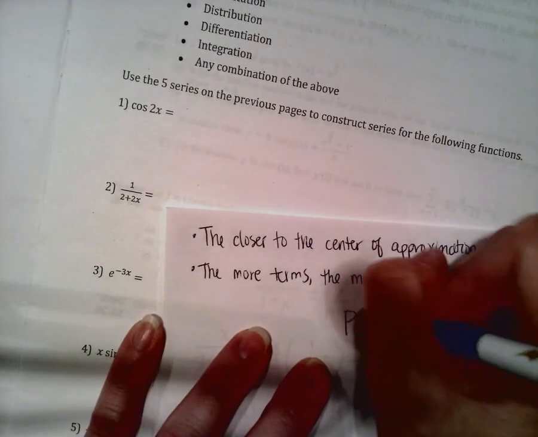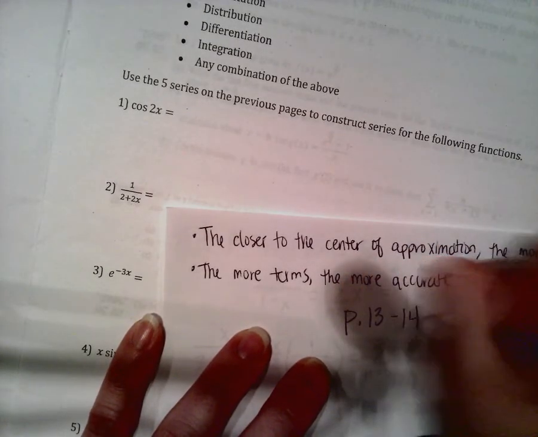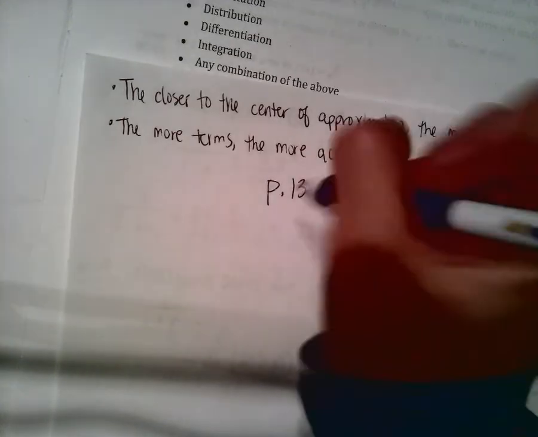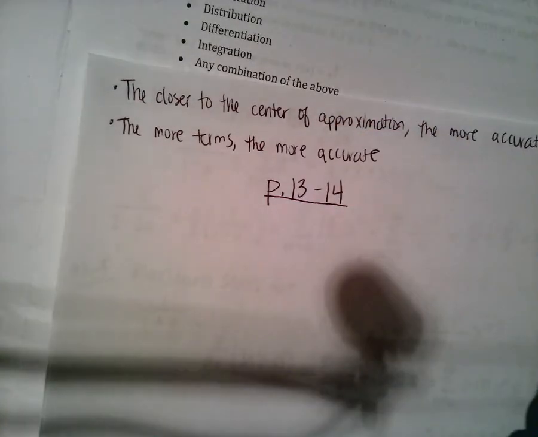So what I want you to work on for this assignment, to go along with day 2 of Taylor-Maclaurin polynomials, is pages 13 and 14 in the packet. Let me go over what you will see on pages 13 and 14.